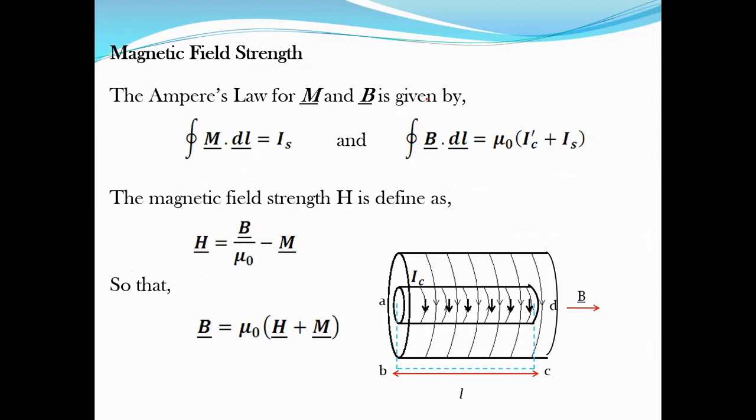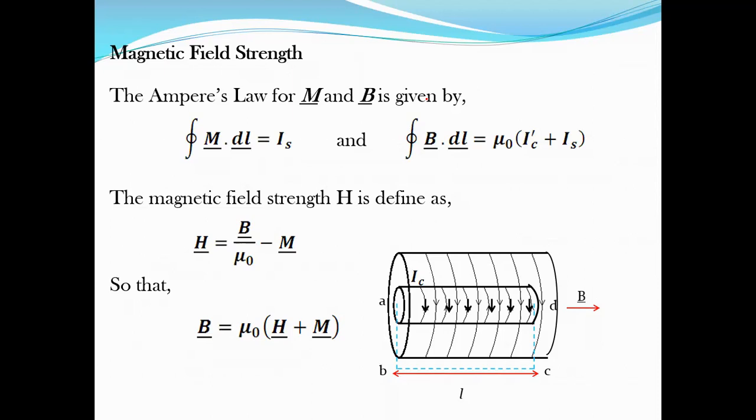Magnetic field strength. By using Ampere's law, as we have mentioned, mu naught I L, right? The B is due to the total current, and the IS is due to the surface current, right?